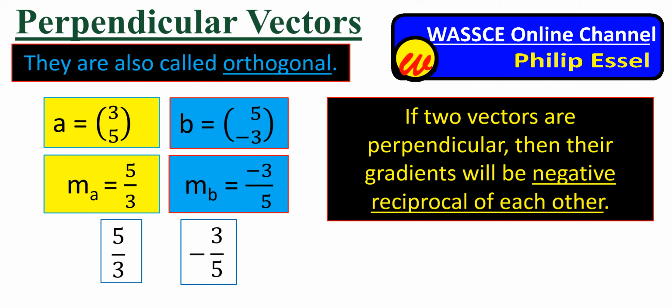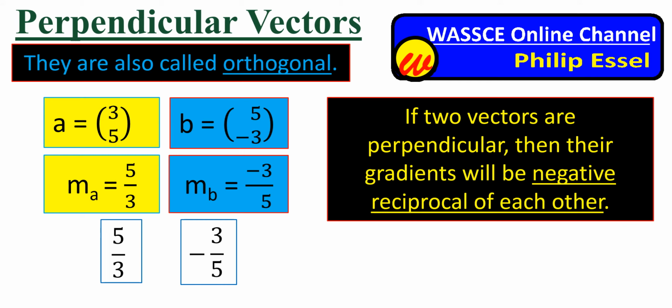Now when you realize that the vectors have slopes that are the negative reciprocal of the other, what it means is that those two vectors are perpendicular or orthogonal. It's as simple as that.